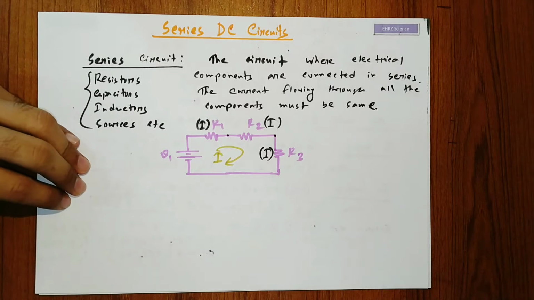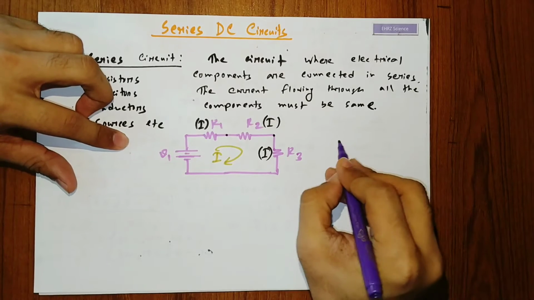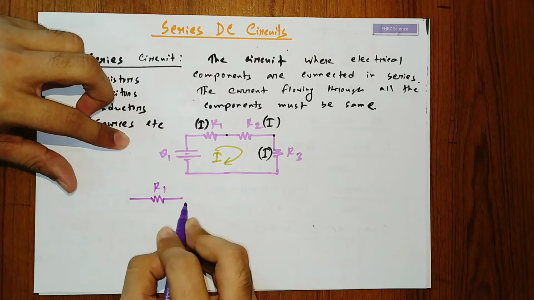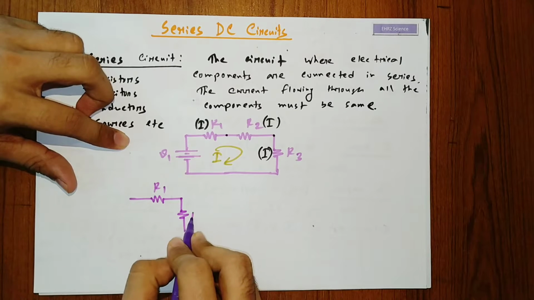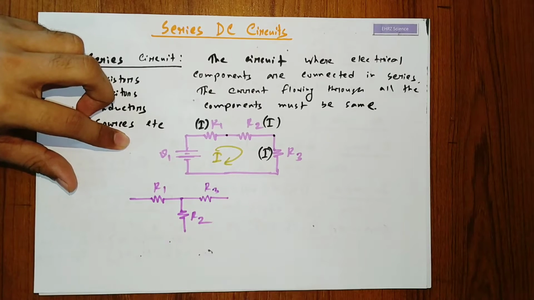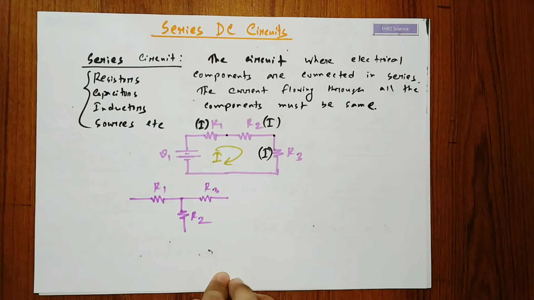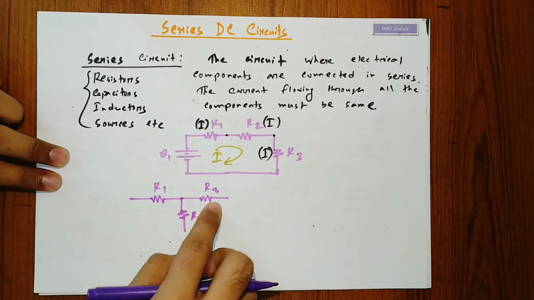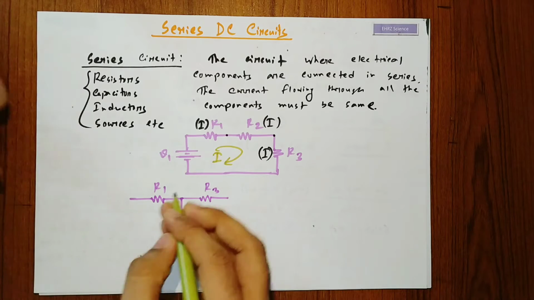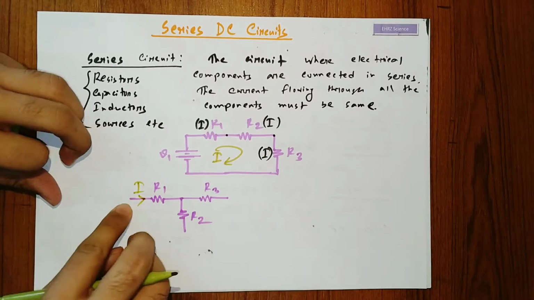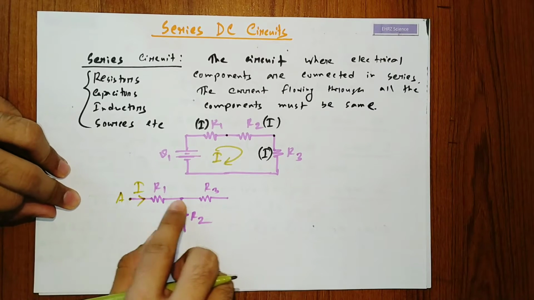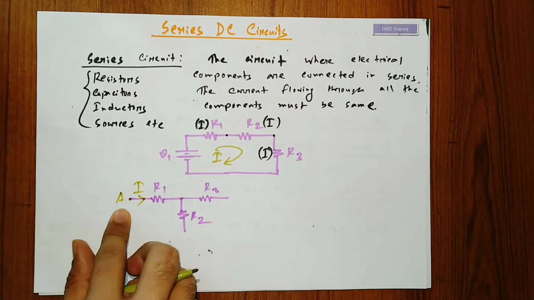Now, if we see another example, suppose this is resistor R1, this is resistor R2 and this is resistor R3, and the electric current I is flowing from this point A. We may have a source there.